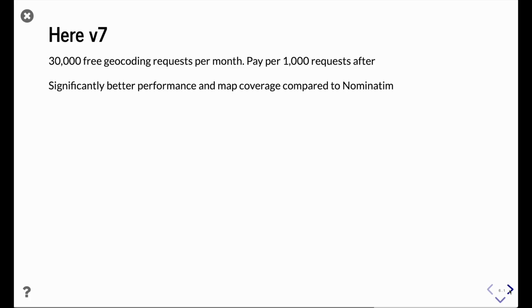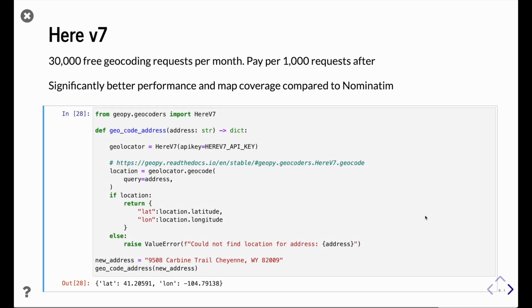So an alternative geocoding service you could use is through the Here platform, or more specifically Here v7. And this is a really nice geocoding service because it allows for 30,000 free geocoding requests per month. So that should be sufficient for most MVP use cases. And also, this service provides significantly better performance and map coverage compared to Nominatim. So here's a very quick setup of how to use Here v7. Here we're going to import the HereV7 geocoder.